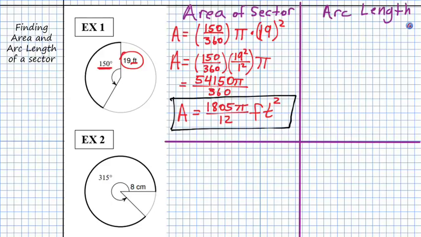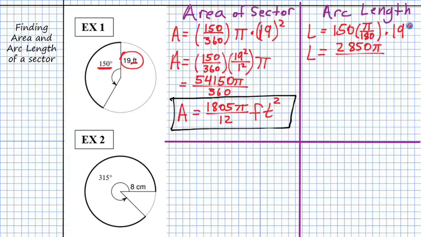All right, then we're looking at arc length. So this is going to be L is equal to, and we fill our formula, right? We're given degrees, so we need to convert into radians. So we have 150 times pi over 180 times 19. So then L is equal to 2850 pi.